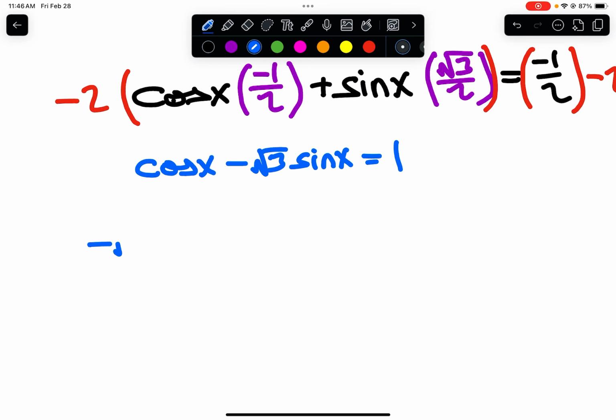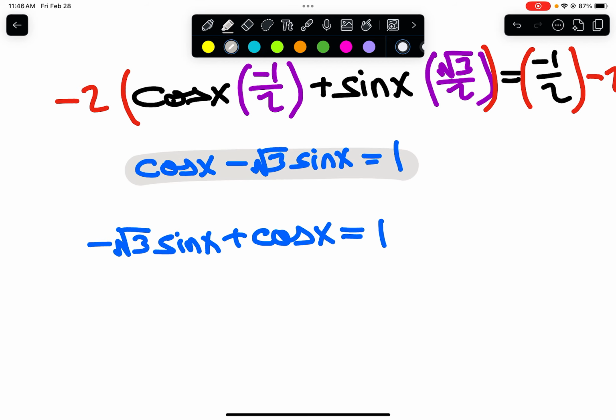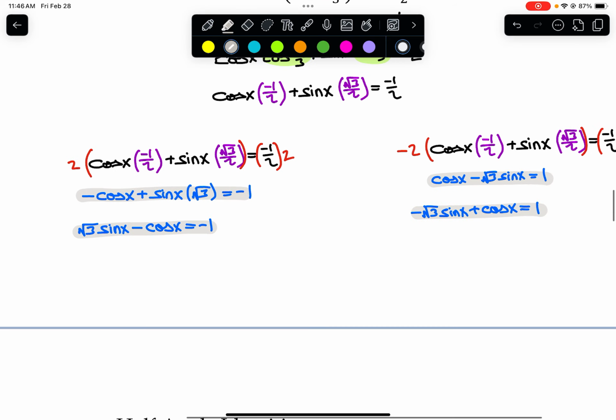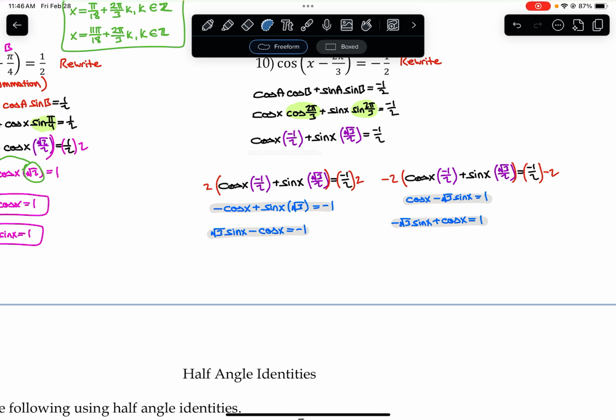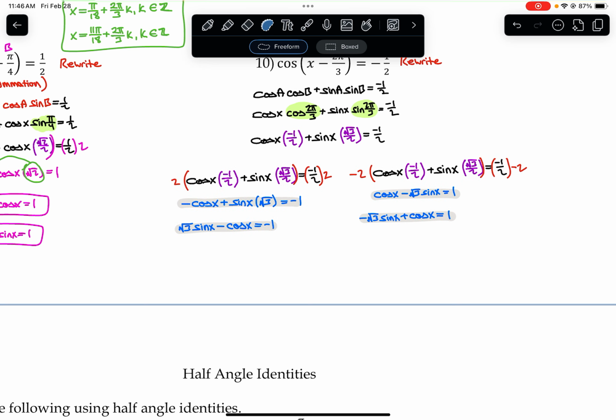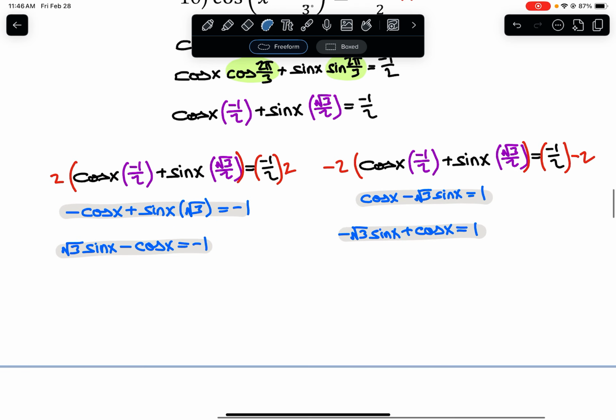Or if we like to go the more unorthodox route, we could do negative root 3 sine x plus cosine x, and that equals 1. So once again, if it's free response, any of these 4 would be accepted, but know that if it does happen to be a multiple choice question on, say, the AP test, there are different variations and ways of writing the same equation. All these would be equivalent.